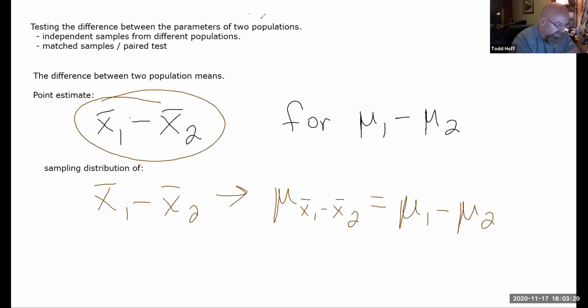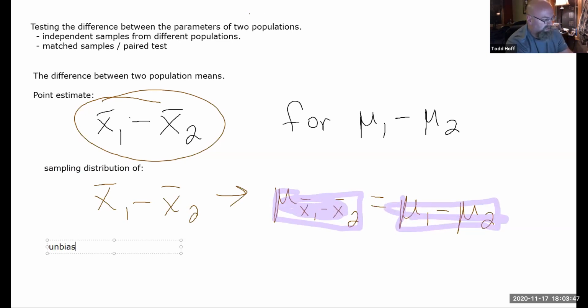What that means for us is, since this distribution of the difference of the sample means is centered on the difference of the population means, it's telling us that this is an unbiased estimator of that difference of means. So we can use the difference between two sample means in the process of estimating here.